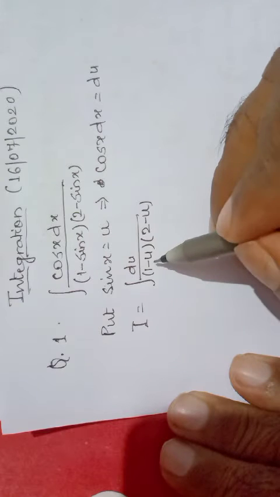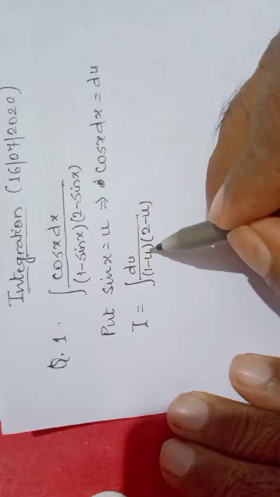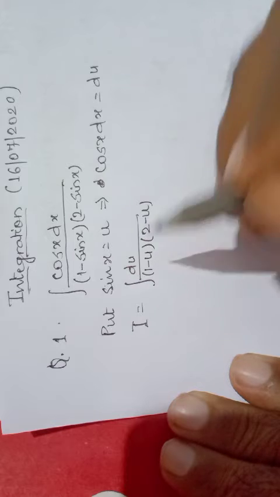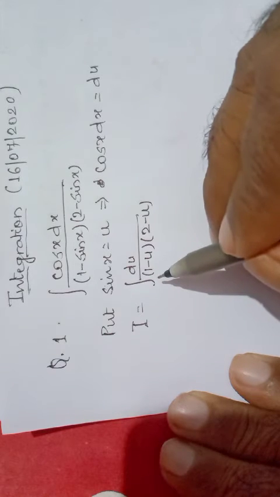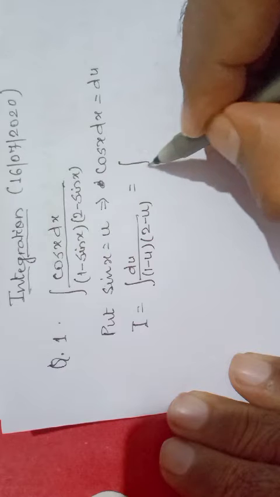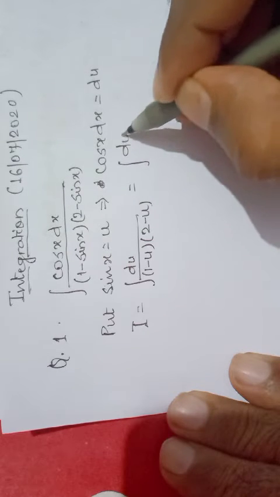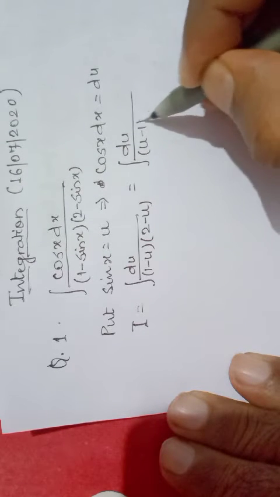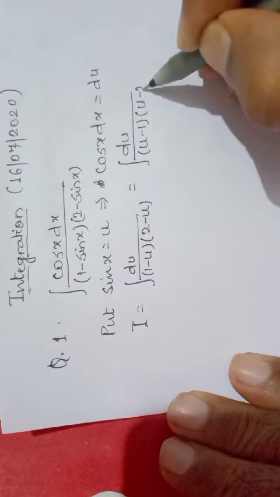Take minus as a common from the first factor and minus as a common from the second factor. So both minus together become positive, means plus, and it reduces to du upon (u minus 1) into (u minus 2).